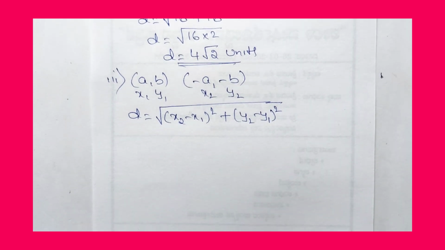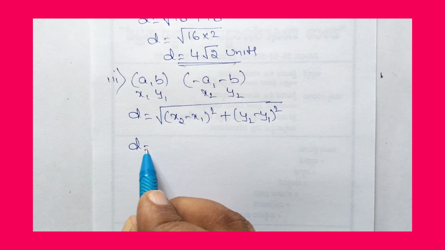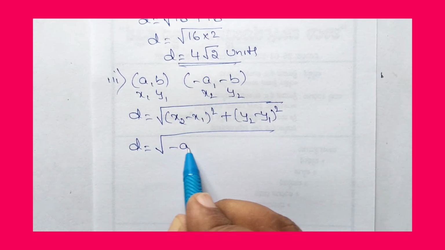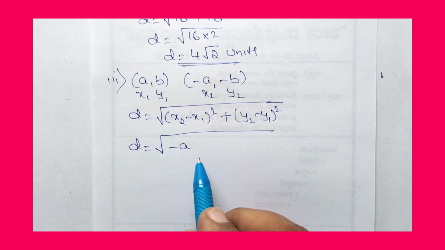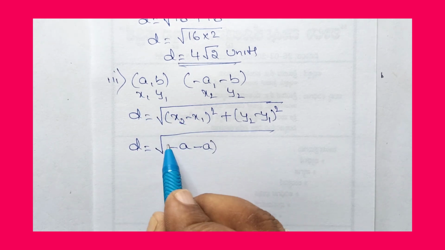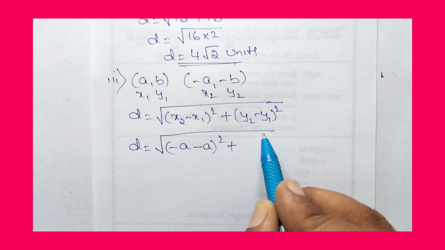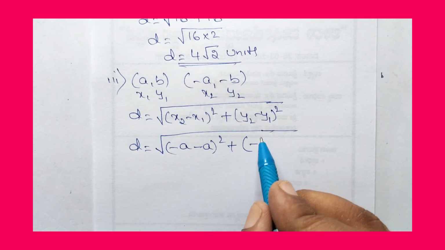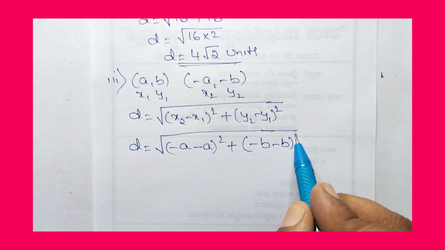So this is the distance formula. So d is equal to square root of x2 is minus a, minus x1 is a, whole square plus y2 minus b, y1 is b, minus b whole square.